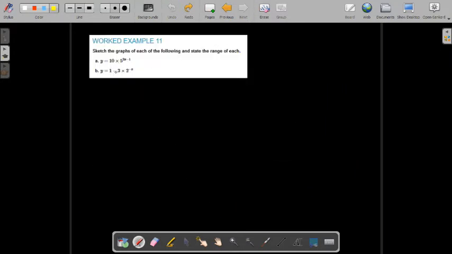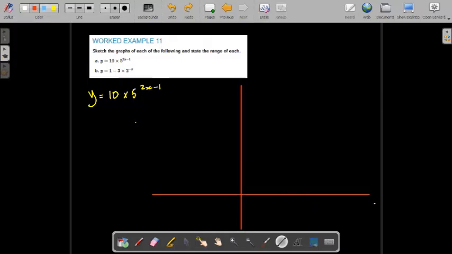Okay, so I got 10 times 5 to the 2x take 1. Yeah, it might be worth just going, what's our y-intercept?